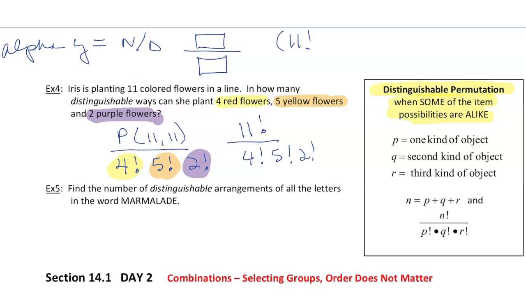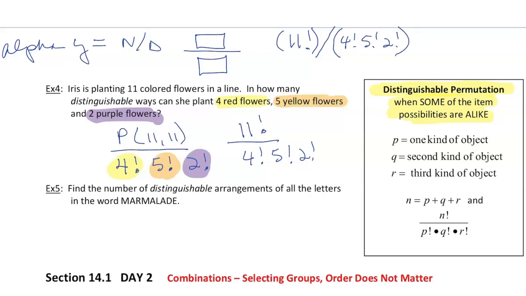Okay, so that's 11 factorial. Then you could just close these parentheses, and then you're going to do your division sign, and then an open parenthesis, and you're going to do 4 factorial, 5 factorial, 2 factorial, and close that parenthesis. That will have your fraction be the correct way.